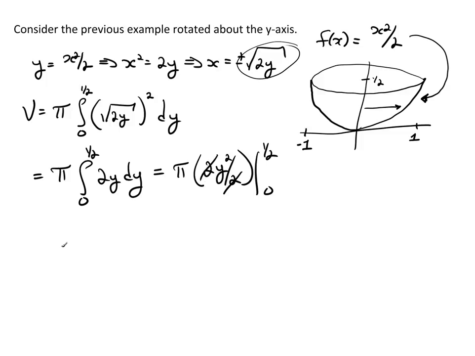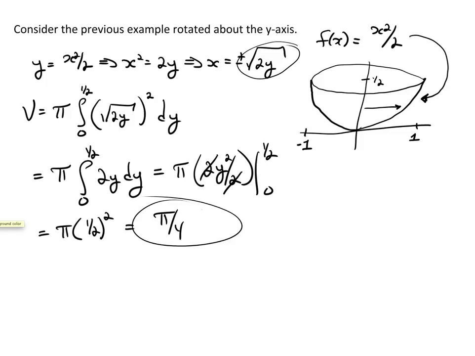Clearly the 2's cancel. So that equals pi times 1/2 squared minus 0. So that's simply pi over 4. So again, it's pi over 4 cubic something. If I don't know the units, then I simply report it as simply pi over 4.